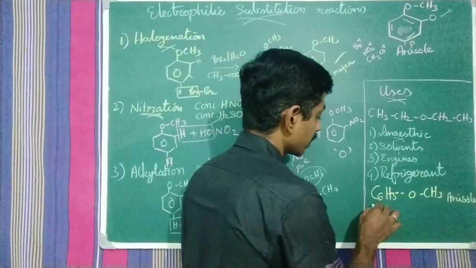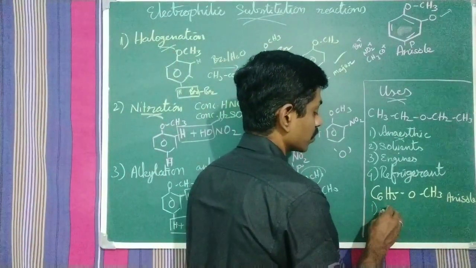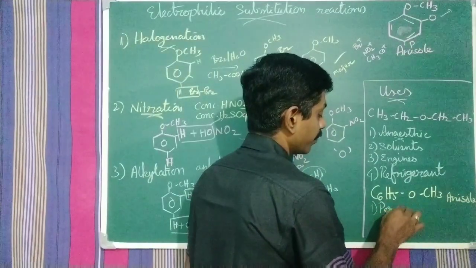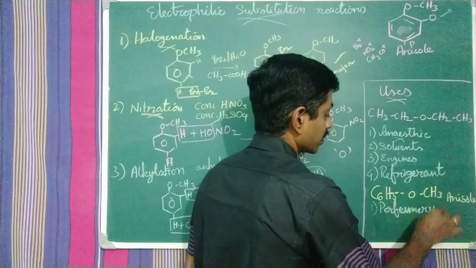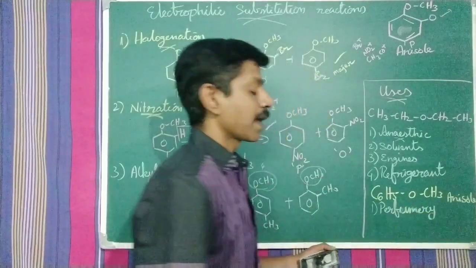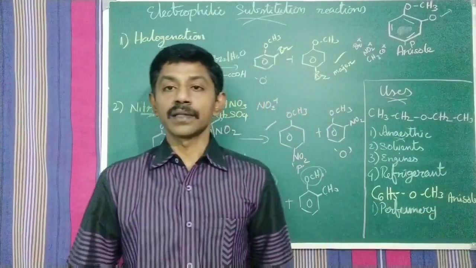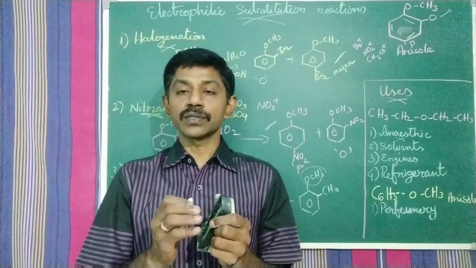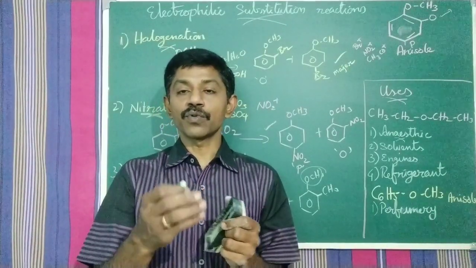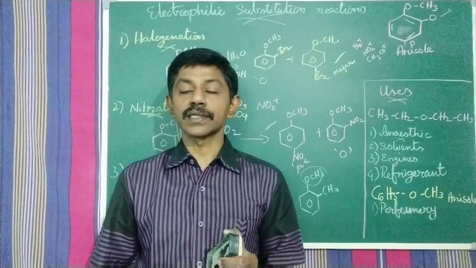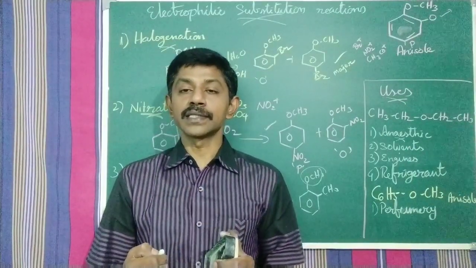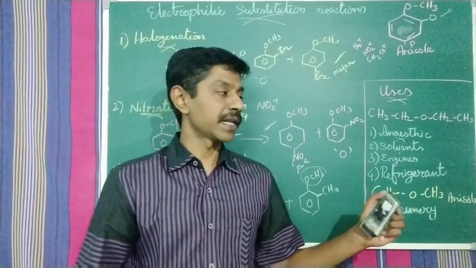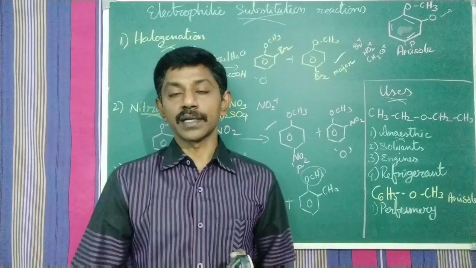So most of these anisoles are used in perfume making, that is, in perfumery it is mostly used, and also their nature is to create pheromones, which are used as an insecticide. It will invite the insects by sending the smelling compound, thereby they will kill them.